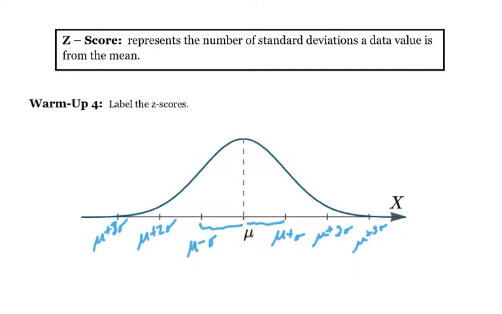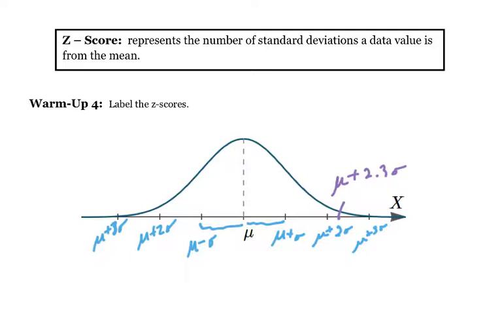But anyway, we have these z-scores. We could have a z-score like right here where it's mu plus 2.3 times the standard deviation. We use z-scores to determine how far, in terms of standard deviations, a given data value is from the mean of the distribution.